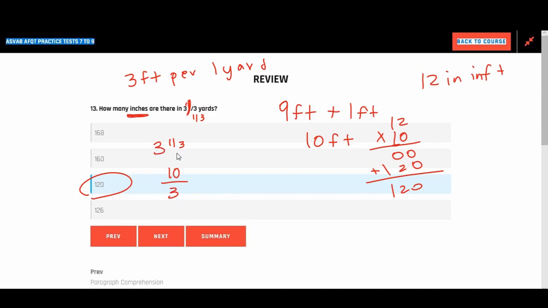I just converted this mixed number to an improper fraction. There are 3 feet per every yard. 10 over 3 yards, we're going to multiply this by 3. Cross that out. Since those are equivalent, that just gives us 10 feet. Okay, so that's another way to do it. Take the yardage, multiply it by 3, because there are 3 feet in every yard, and you get 10 feet.